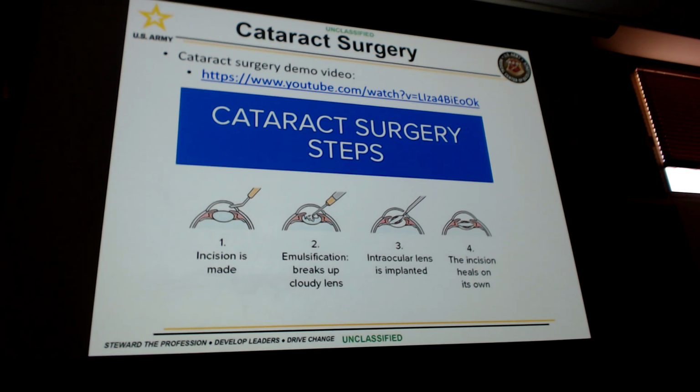Or, now they have multifocal intraocular lens implants, where some patients, if you're not type A, can get by with no glasses at all. Type A patients don't get those because they are particular about their vision. It's got to be perfect, and glasses are the only way that they're going to get that perfect vision. But if you're not type A, you can get a multifocal IOL and probably not need glasses at all.